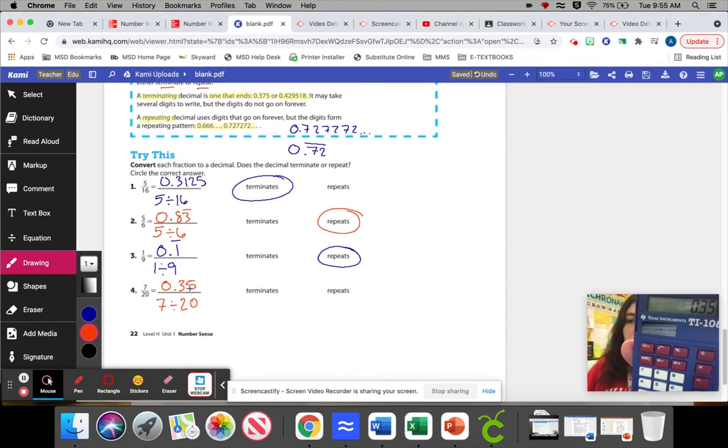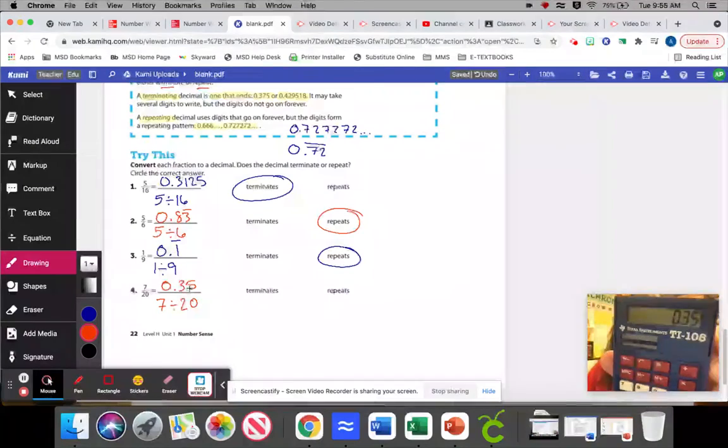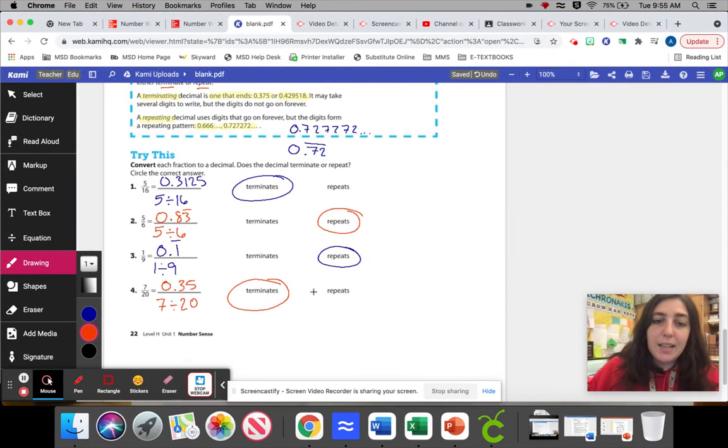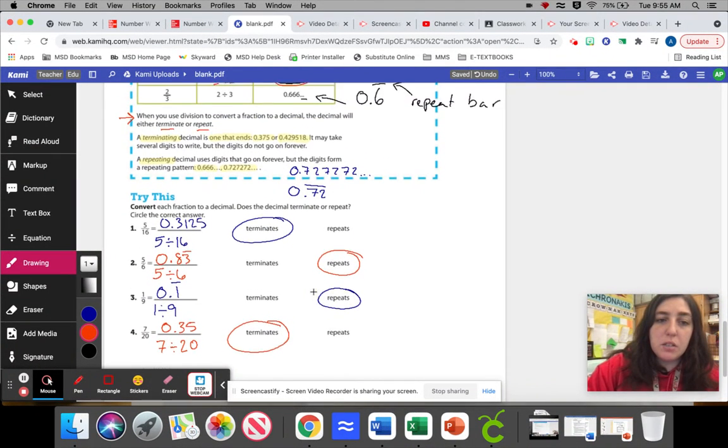Okay, this number for sure does not repeat, right? It's only 0.35. That means it's a terminating decimal. It ends, okay? If you have any questions about converting fractions to decimals, please let us know.